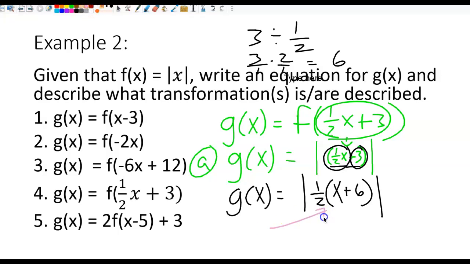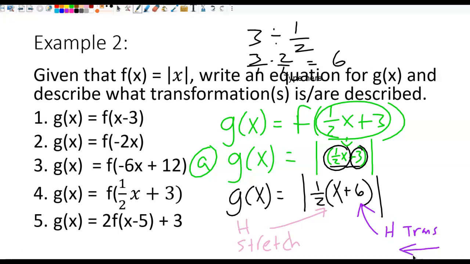But anyway, the half tells me that we have a horizontal stretch because I'm multiplying by a number that is less than 1. Next, we have the 6 there being added to the x. So that tells me we have a horizontal translation to the left.